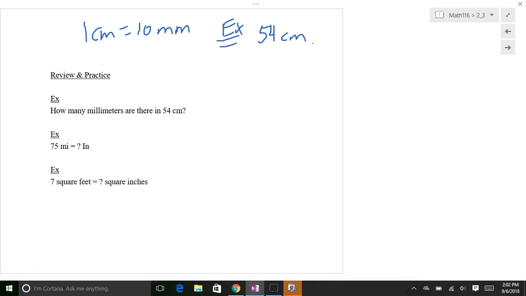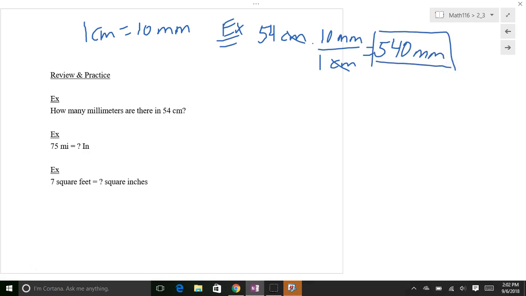So times it by, for every 10 millimeters, it's 1 centimeter. Centimeters gone, 540 millimeters total.